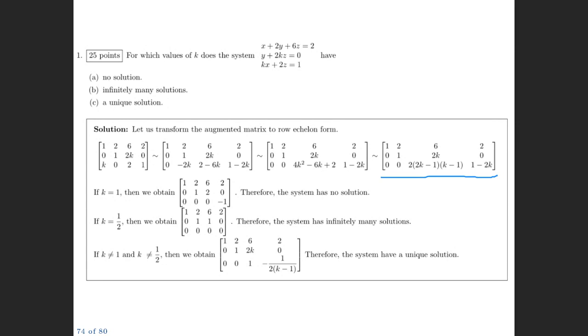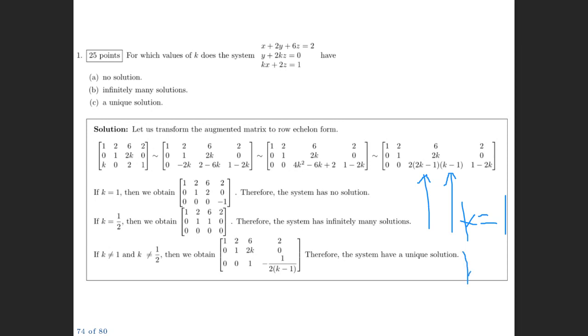What are the important values of k here? Well, we have a k minus 1. So it looks like k equal to 1 is an important number. And we also have 2k minus 1. How could that be 0? It could be 0 if k is a half.